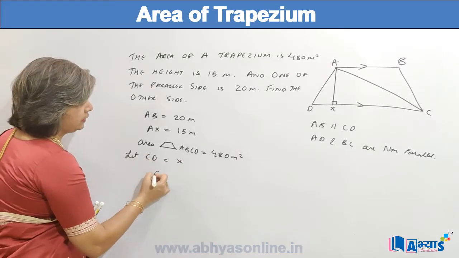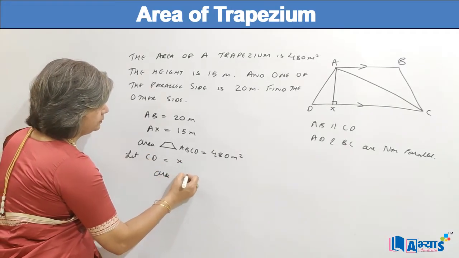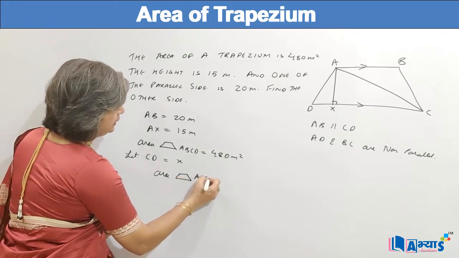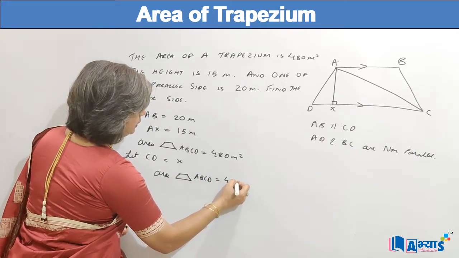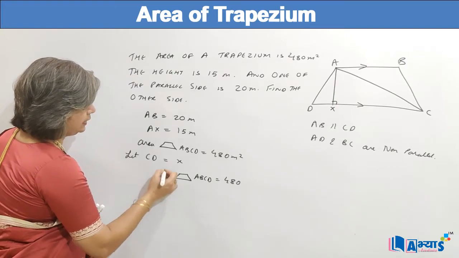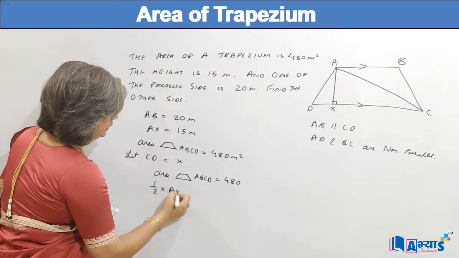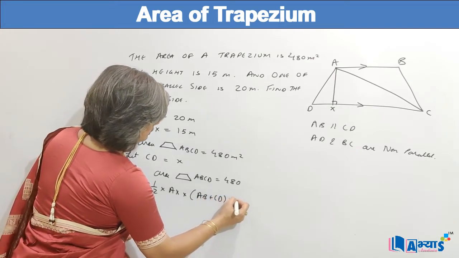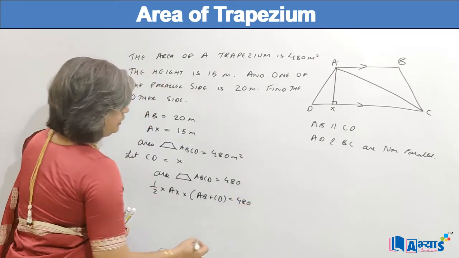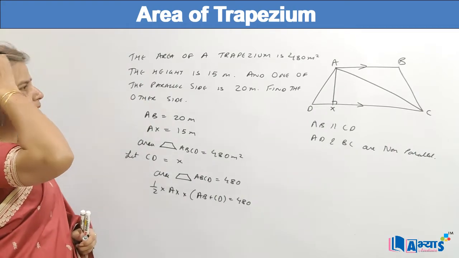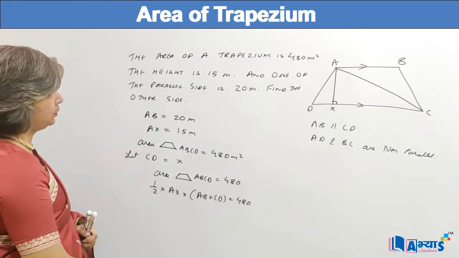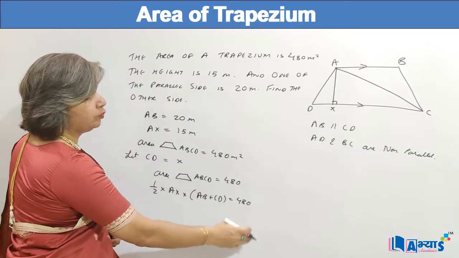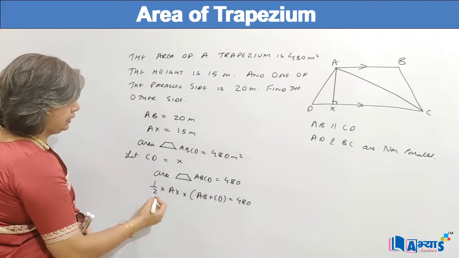Now we have been given that the area of trapezium ABCD is equal to 480, or we can say half into height into sum of parallel sides. Height is AX, and the sum of parallel sides means AB plus CD, is equal to 480, because the two parallel sides are AB and CD and the height is AX. So half into height into sum of two parallel sides is equal to 480.